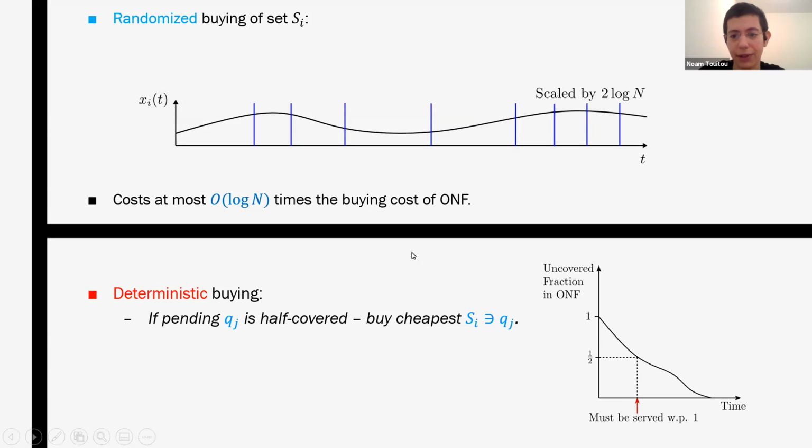Okay, so here we have a graph of the uncovered fraction in the fractional algorithm of some specific request. So it goes from 1 down to 0 as time advances. And once it reaches half, that's when deterministic buying takes place if the request has not yet been served by the first type of buying, the randomized buying.